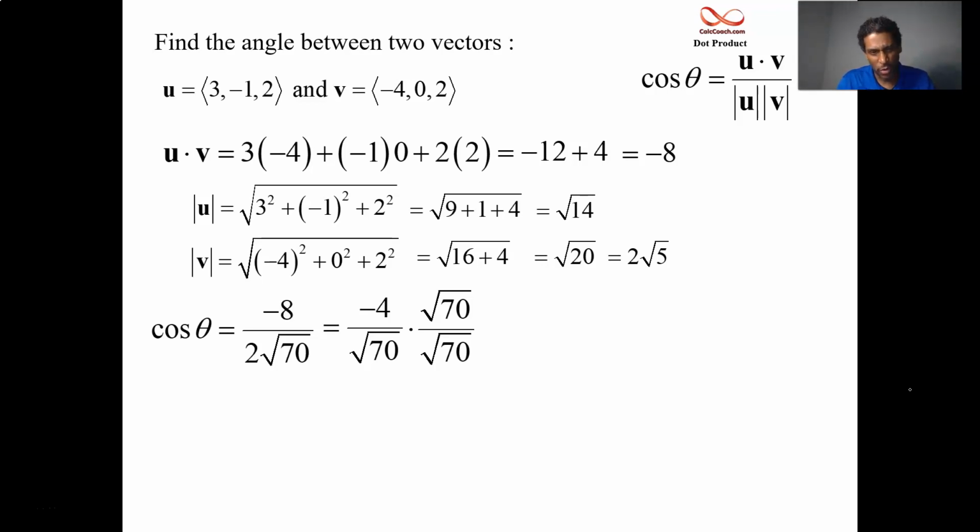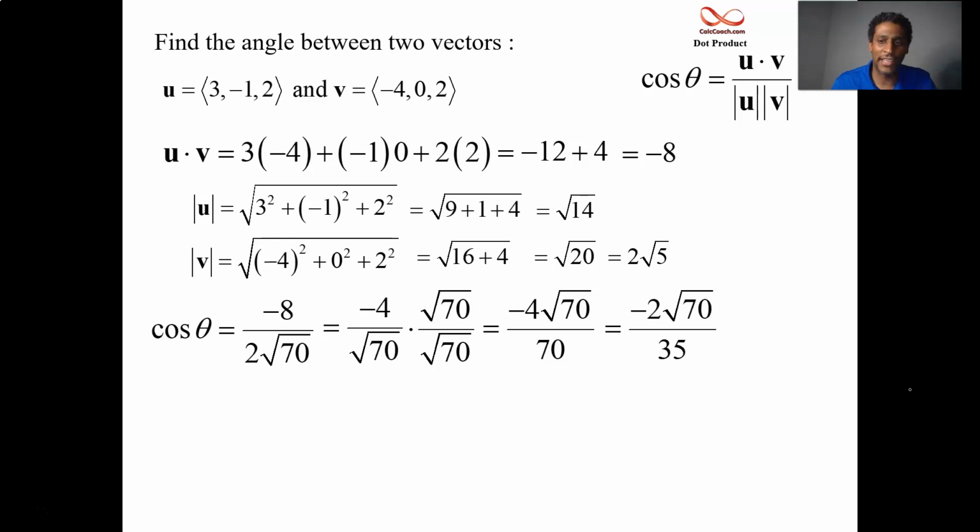Then you could do a little more canceling, because root 70 times root 70 becomes 70, and then both the 70 and the 4 are even. So it turns out that the cosine of the angle between these two vectors is negative 2 root 70 over 35, or that theta is the inverse cosine of that.